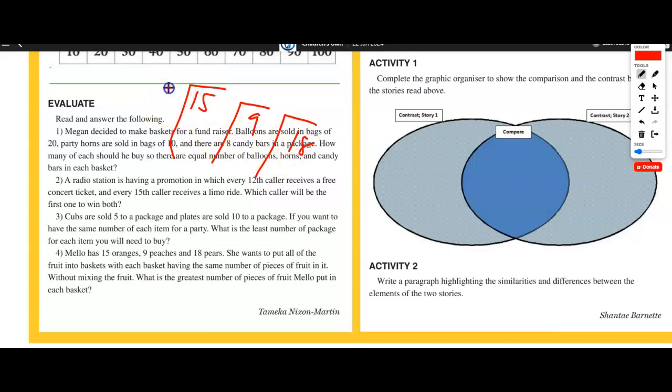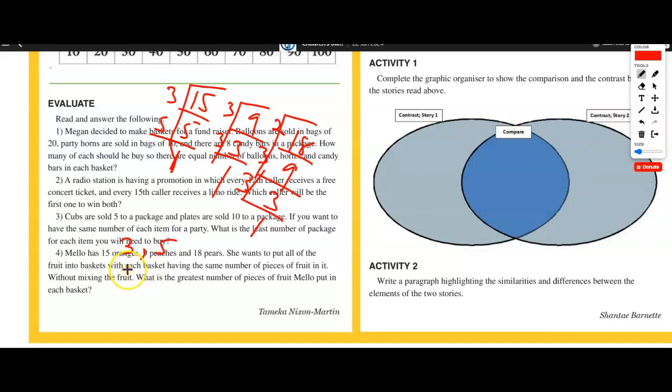Okay, so 3 can go into 15, 5 times, 5 can go into this once, 3 can go into 9, 3, 3 into 3, 1, 2 into 18, 9, 3 into 9, 3, and then 3 into 3, 1. So the factors of the 15 would be 3 and 5.